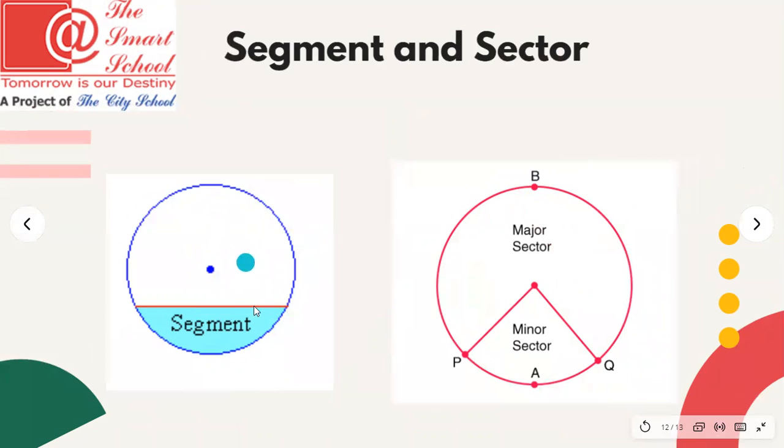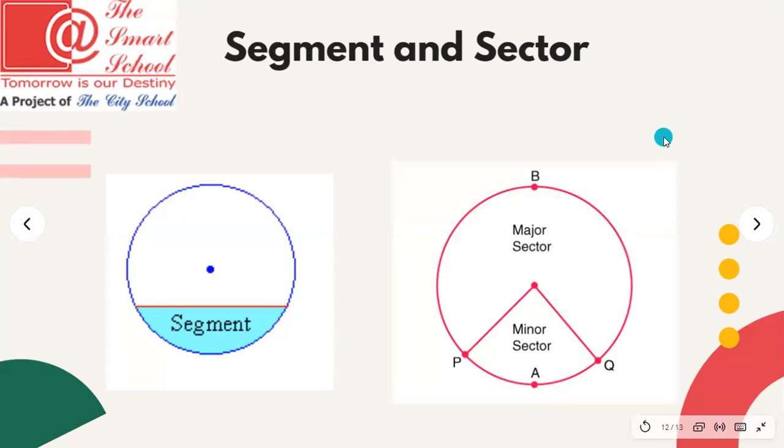So these two parts are called the segments of the circle. This longer part, or this greater part, is called the major segment, and the smaller part is called the minor segment of the circle.